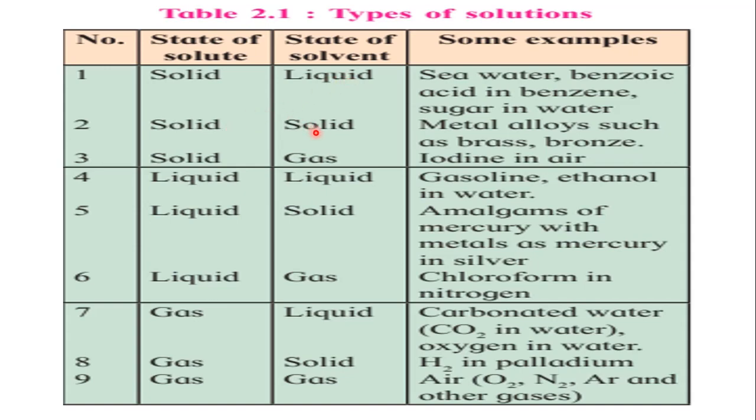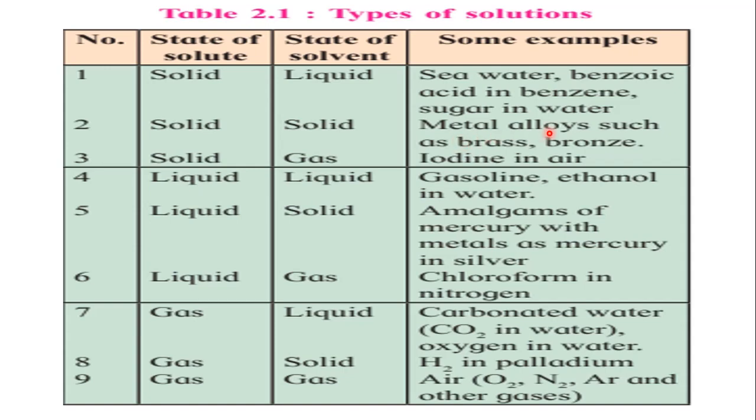Then solid in solid. It is called as a solid solution because both are in a solid state. Solute is also in a solid state and solvent is also in a solid state. For example, metal alloys. You know that brass, which contain copper and zinc, or steel, or gold and copper.